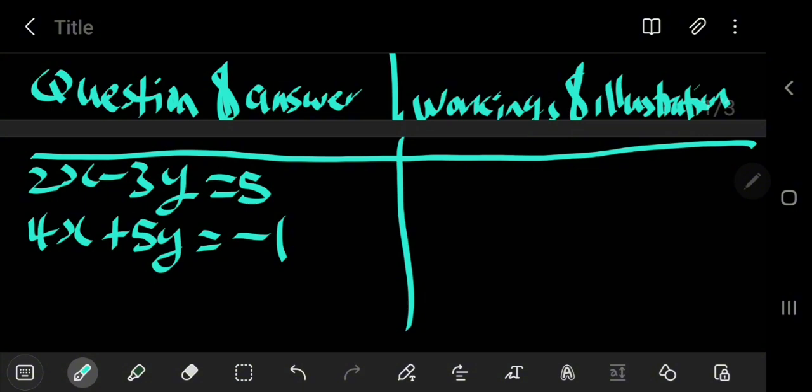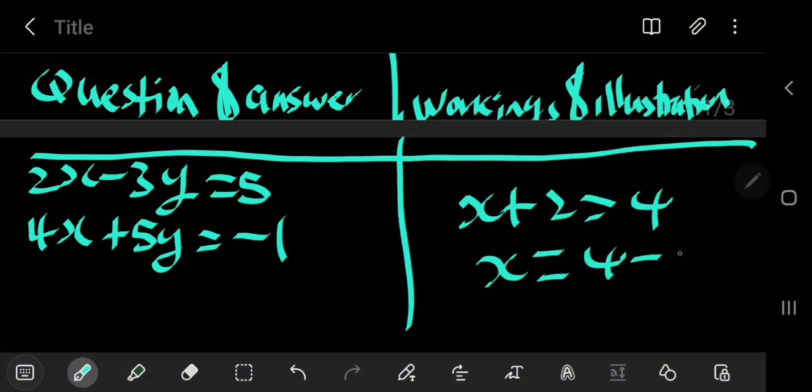Ordinarily, if you have x plus 2 equals 4, you could easily get your answer saying x equals 4 minus 2 equals 2. Very easy. But now in this case, it's different. We have x and y.